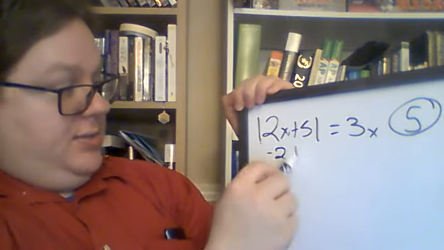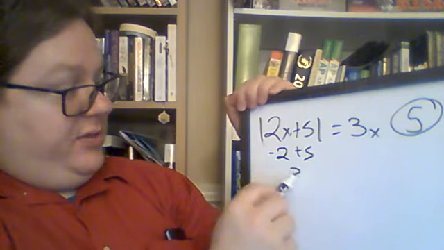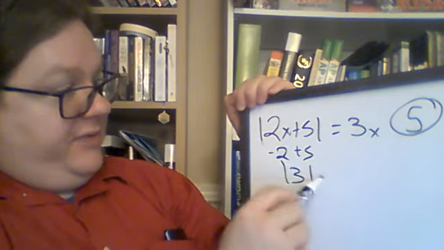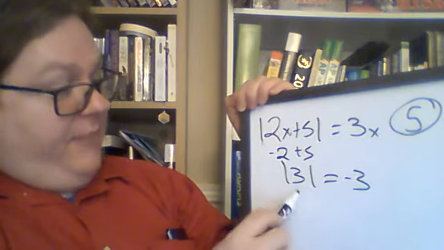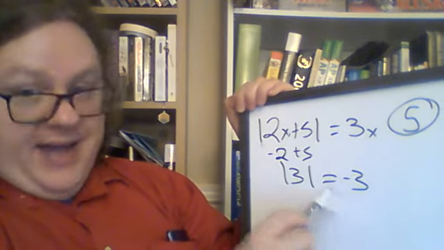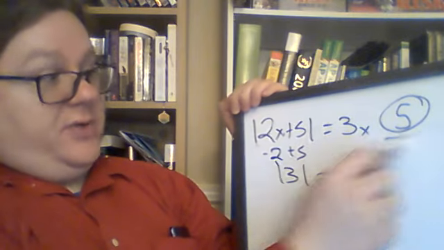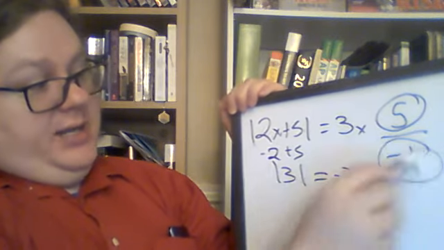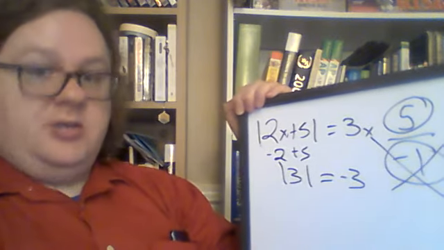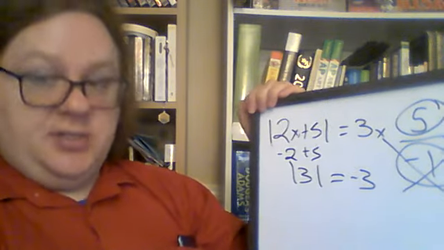Negative 2 plus 5 is 3. The absolute value of 3 equals 3 times negative 1, which is negative 3. The absolute value of 3 cannot be negative 3. So our first solution, 5, still works, but our second solution, negative 1, cannot work. So it's called an extraneous solution.